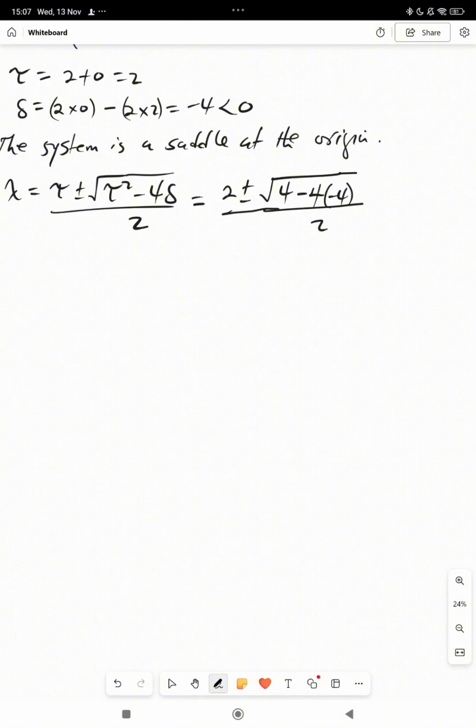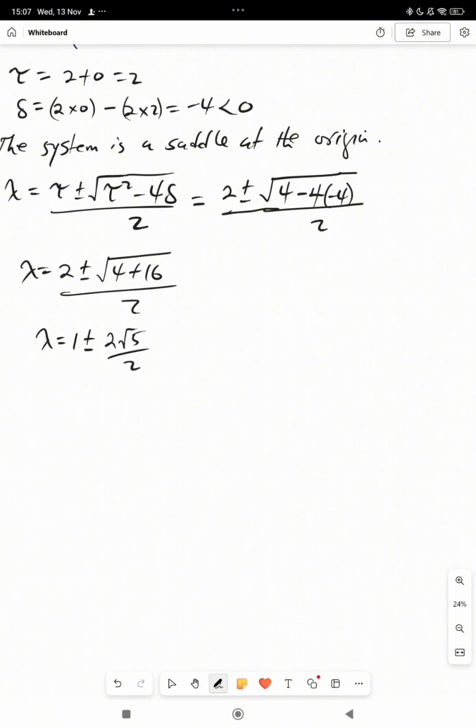So lambda equals 2 plus or minus the square root of 4 plus 16, all divided by 2. So lambda equals 1 plus or minus, this will give us 2 root 5 divided by 2. Therefore, lambda equals 1 plus or minus the square root of 5.